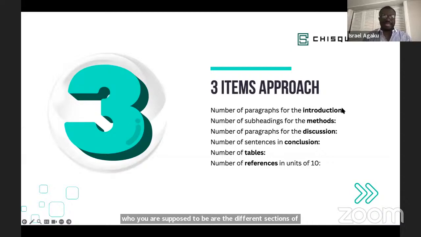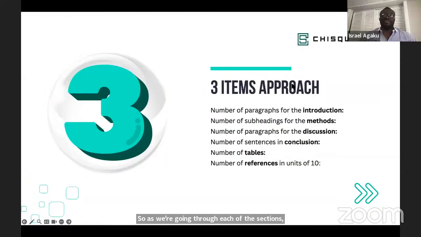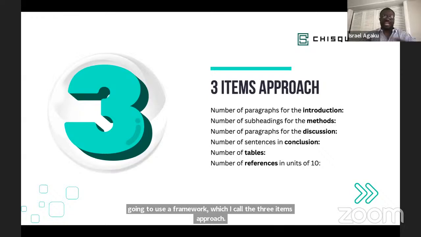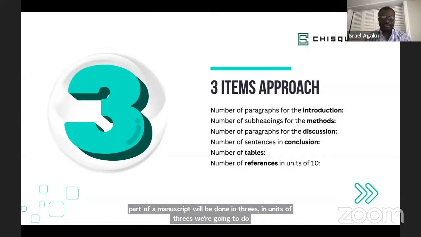All right, let's see how this applies. As we're going through each of the sections, we're going to use a framework which I call a three items approach. This is an approach that I developed to help young writers to make it easier, right? The three items approach simply means every part of a manuscript will be done in units of threes. In each step of the way, there will be three things involved.